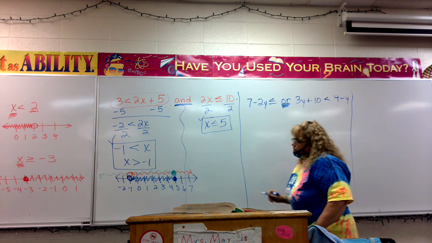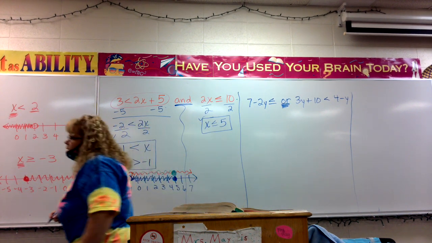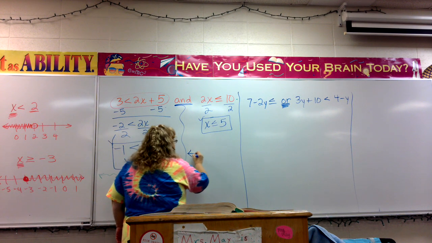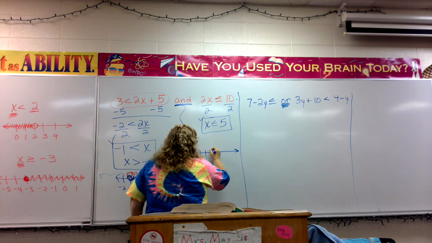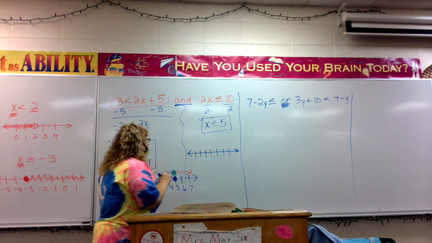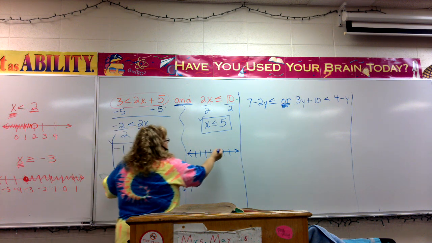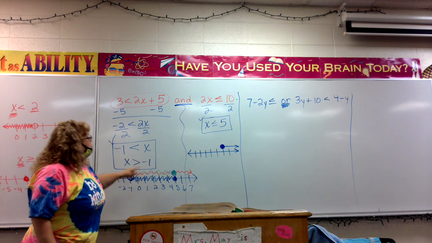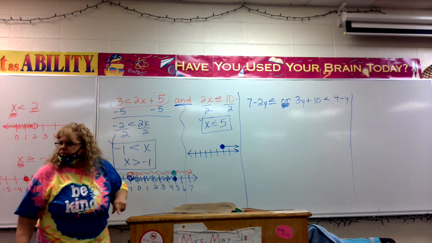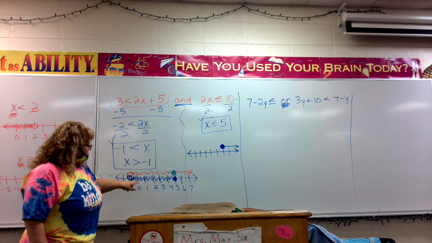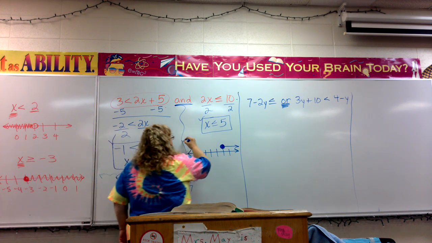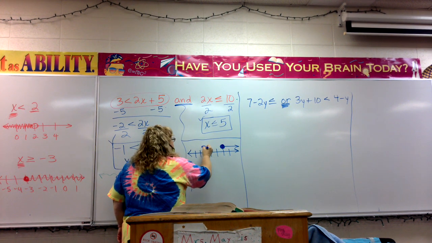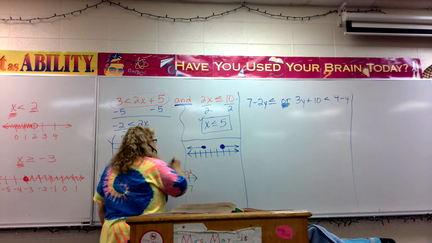Hey, one other thing over here. Let's say here's my graph. Doesn't matter what those numbers are. But let's say I graph the first one and it goes this way. Remember, what am I looking for? With an and, you're looking for where they overlap. So in between. But I have another problem here, a separate problem. I graph it, it goes this way. I graph it, and it goes this way.